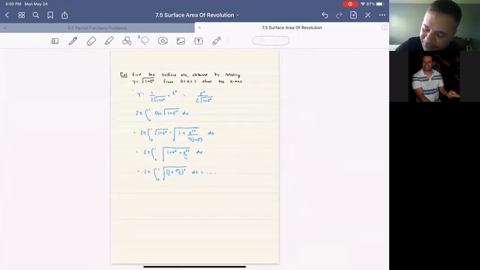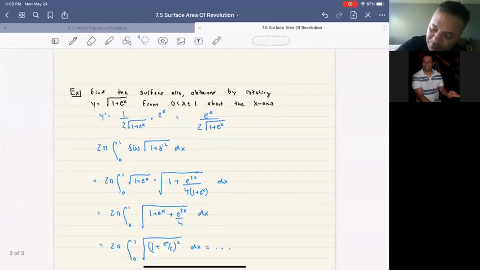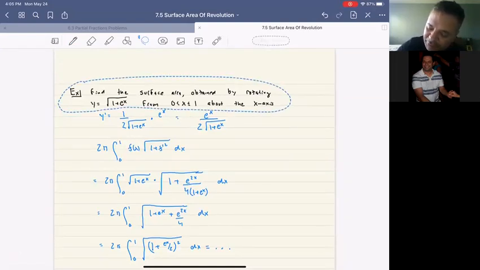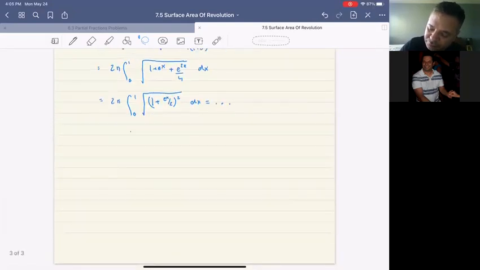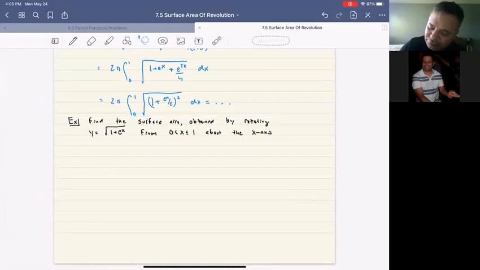Make this a little smaller so that we have room. Ta-da. Okay.